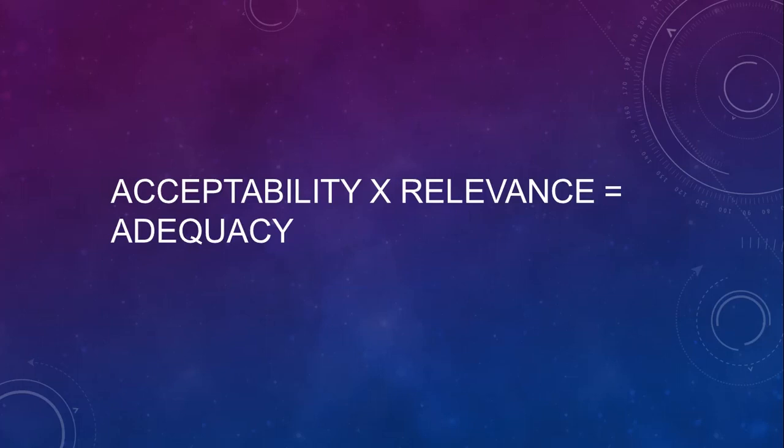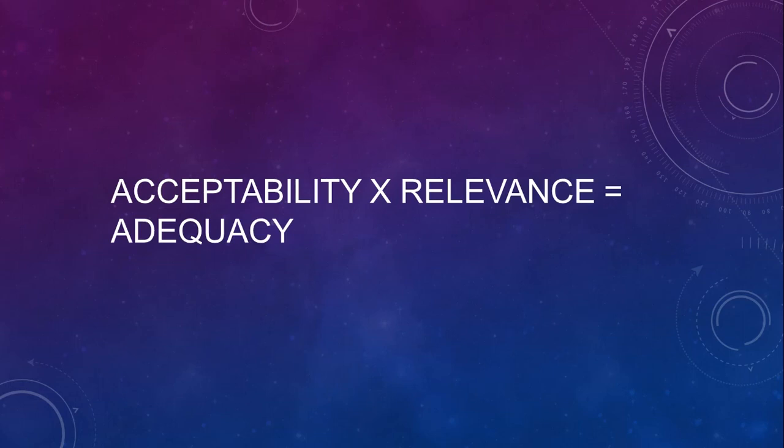So imagine acceptability and relevance on a completely made-up scale of 0 to 10. There's no reason why there's actual numerical values for that, but just to get the concept. If your premises are 10 out of 10 acceptable and 5 out of 10 relevant, you get 50% adequacy. If your premises are 100% acceptable but completely irrelevant, you get 0% adequacy.